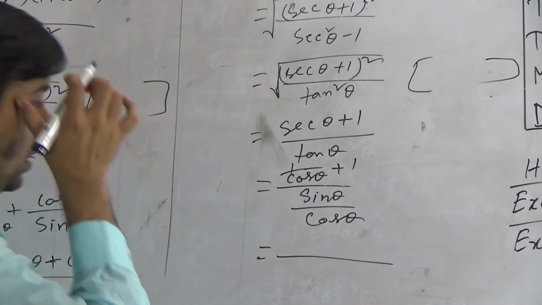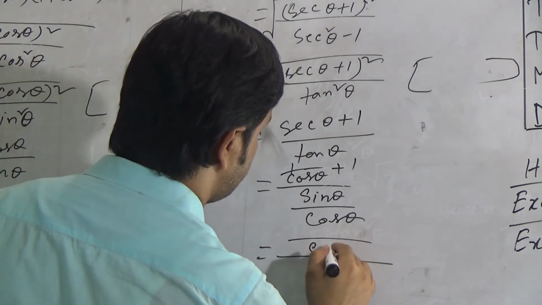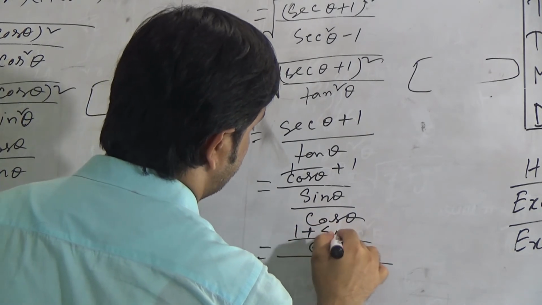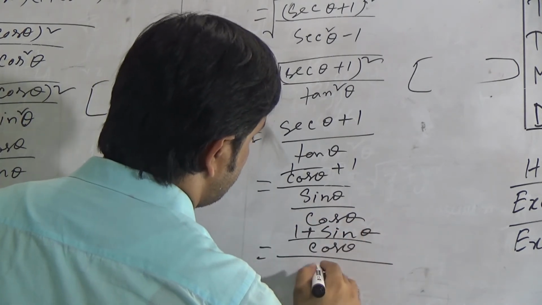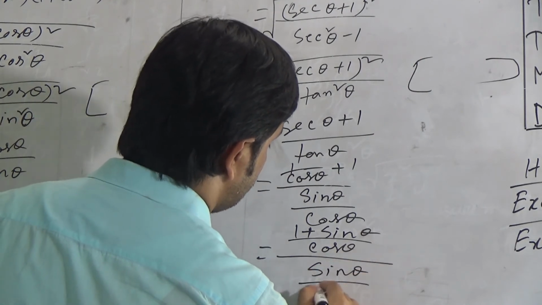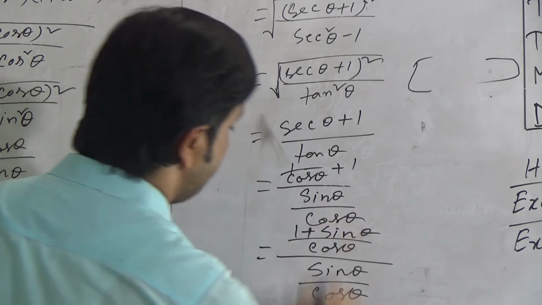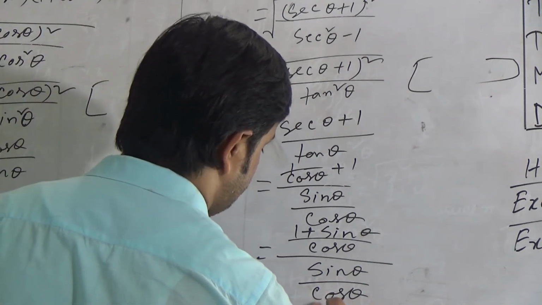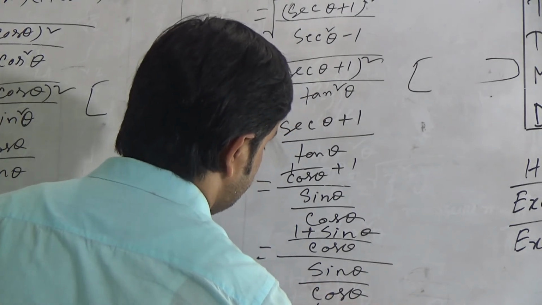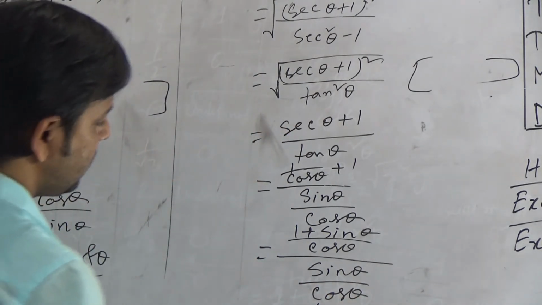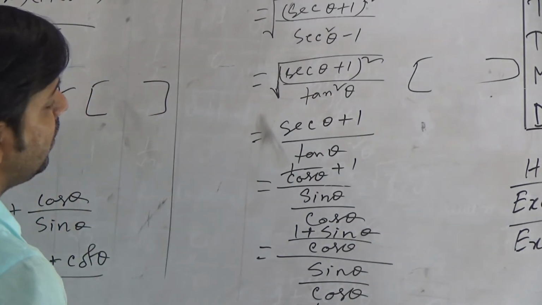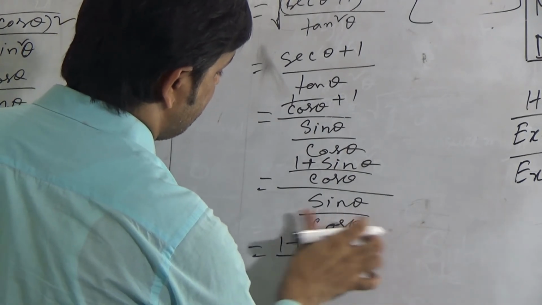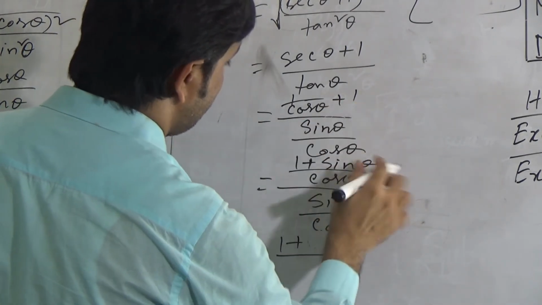So take the LCM in the numerator. This will be cos theta, and here will be 1 plus cos theta, and here will be sin theta by cos theta. I have written sin theta here by mistake; this should be cos theta.